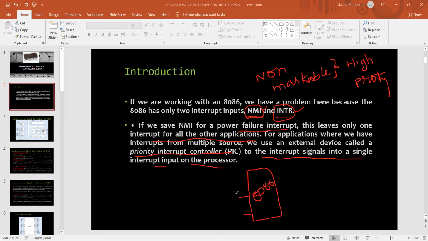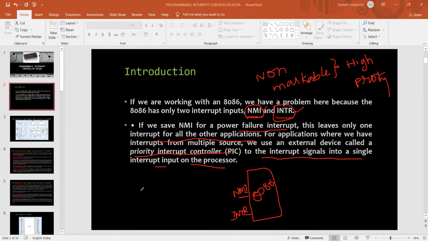One is NMI, and the other one is INTR. So these are the two interrupt input signals that we have for 8086.